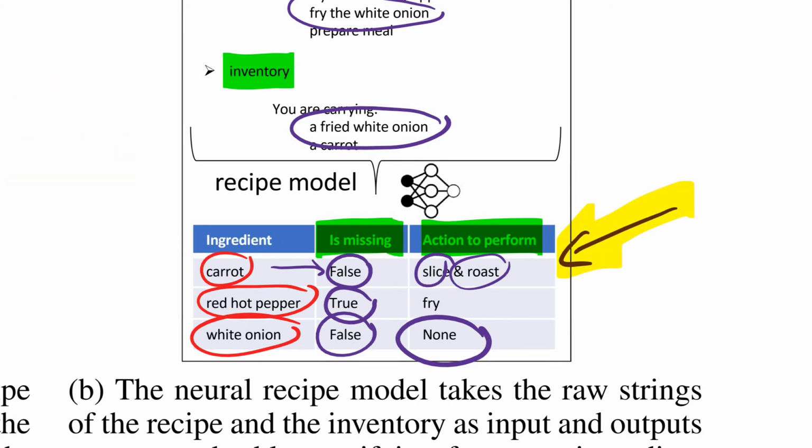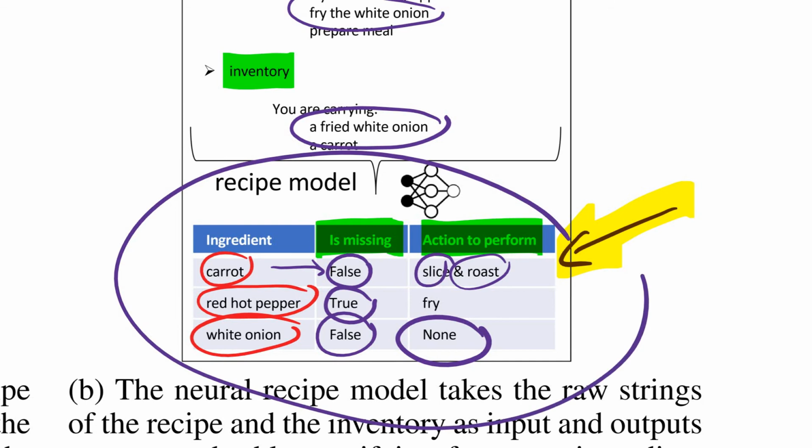So the recipe model really produces a table like this. In other RL methods, people will make this recipe model output some sort of, let's say, a 200-dimensional vector that's supposed to encompass all of this information. And that doesn't appear to work as well.